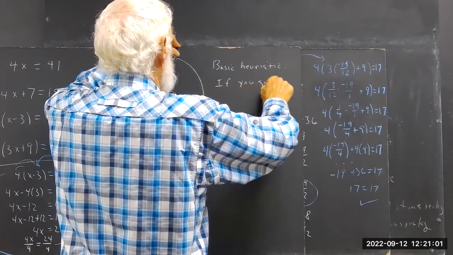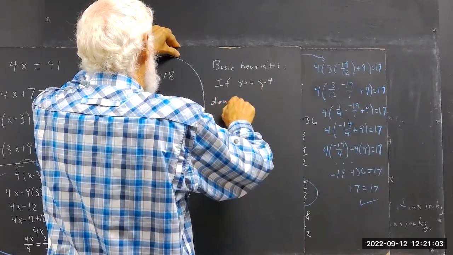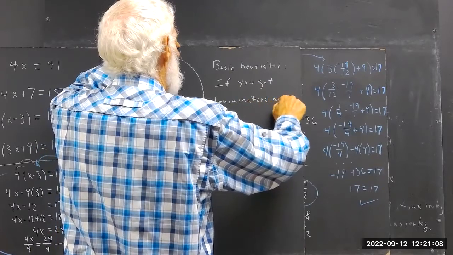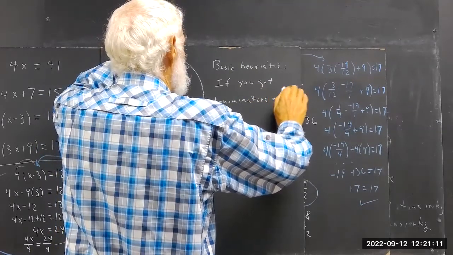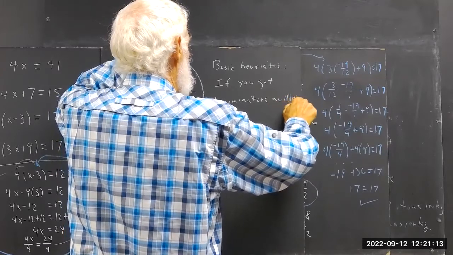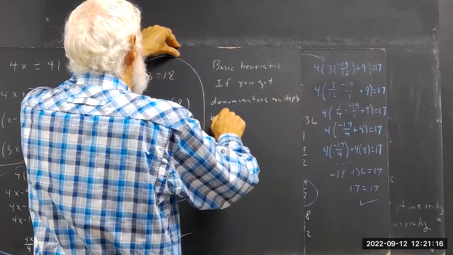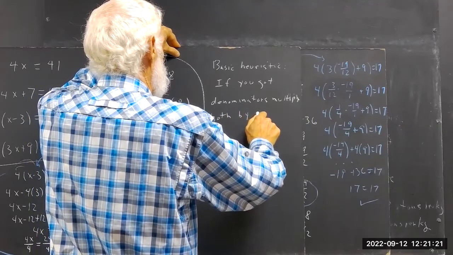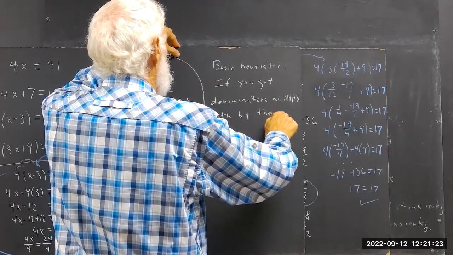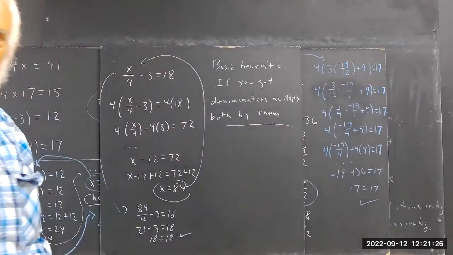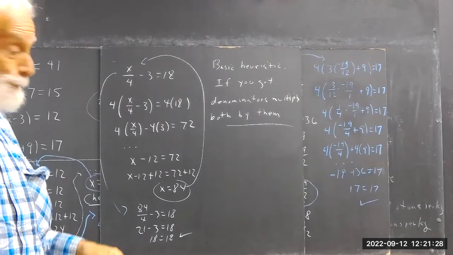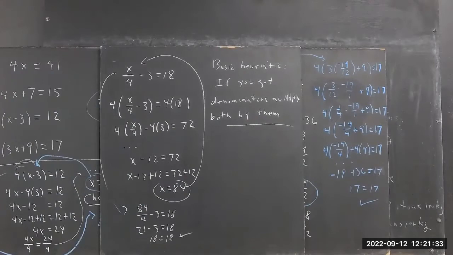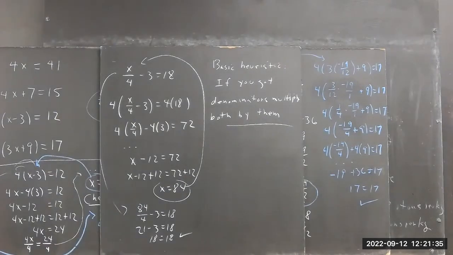If you've got denominators, multiply both sides by them. I'll be more specific about that later. We're out of time, so I abbreviated the statement.